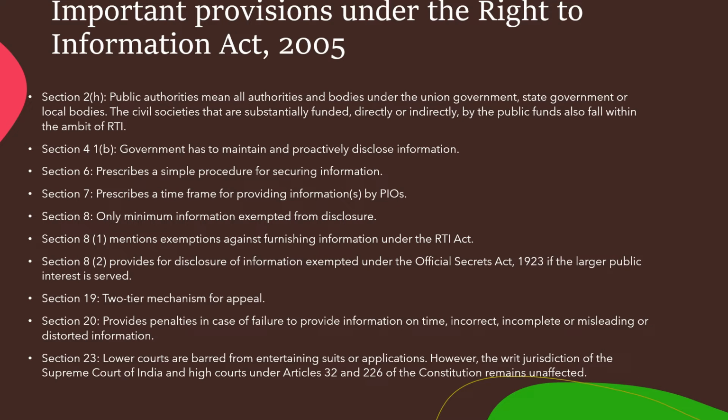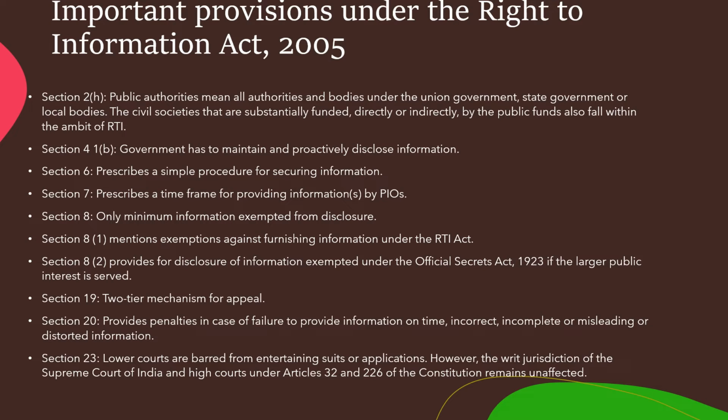So even if the public demands such information, the government can tell them that this information cannot be revealed, by substantiating that it affects the sovereignty or integrity of the nation. For example, aspects related to defense, and the relationship of the nation with other countries, are exempted from disclosure under the Right to Information Act.